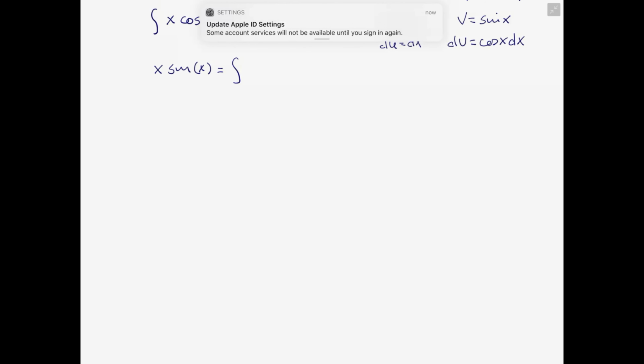Equals v du, so v du is sine x dx, plus u dv, x cos x dx.